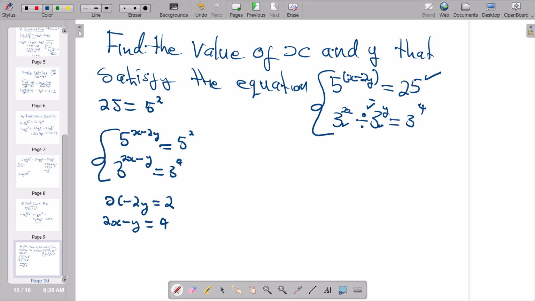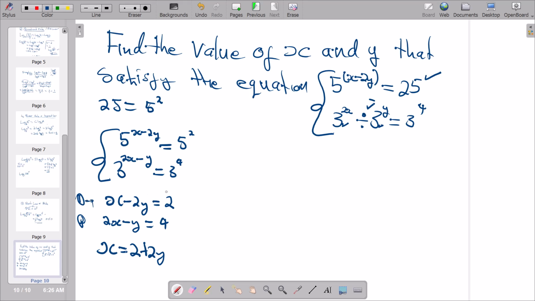The question did not specify graphical method, elimination method, or substitution method. The question did not specify. So we can solve by substitution method, where x is equal to 2 plus 2y for equation 1. So we have equation 1 and equation 2.